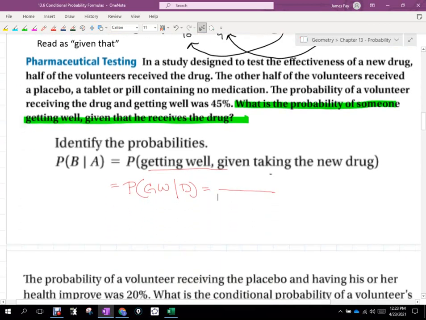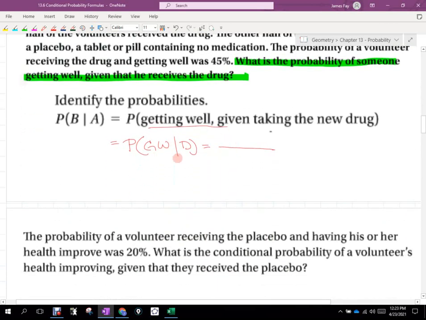So when I say getting well given that they received the drug, the numerator is going to be the probability of got well and received the drug, divided by the probability of this last part, D, the probability that they got the drug.